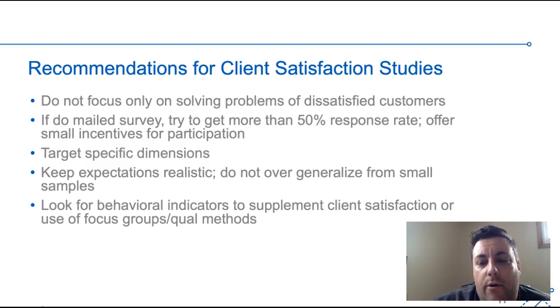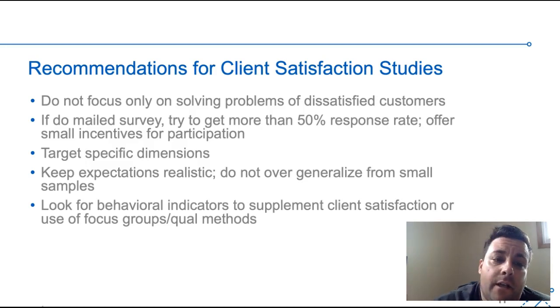So just a few concluding comments here. Again, I want to reiterate that client satisfaction by itself isn't the only dimension of evaluation an agency can use. It's usually one of two or three or four indicators that an agency will have to use. The others are something like cost, and that might come from a cost-benefit analysis.